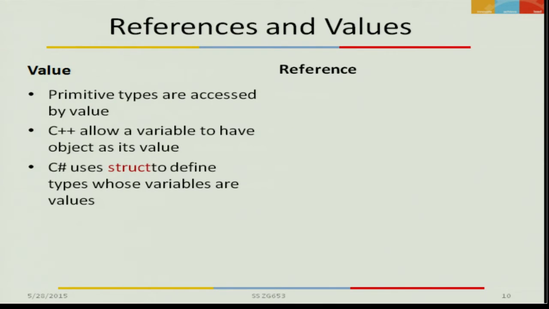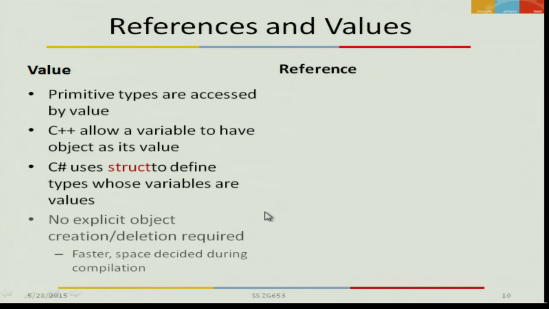C# uses struct to define types whose variables are values, and when objects are defined as a value or accessed by value, then no explicit object creation or deletion is required. This process is quite fast, because the space is decided during compilation time, and it is quite fast at the time of execution.